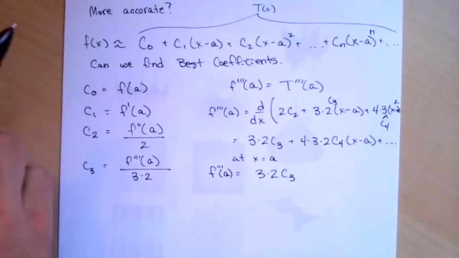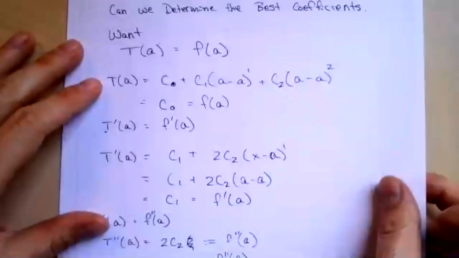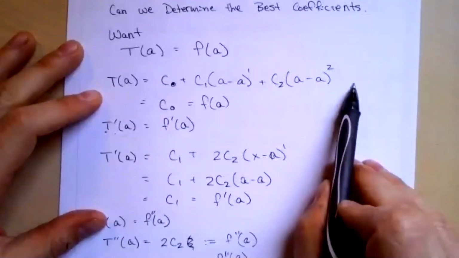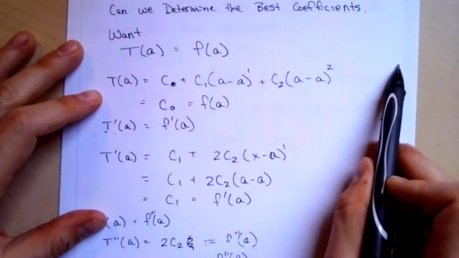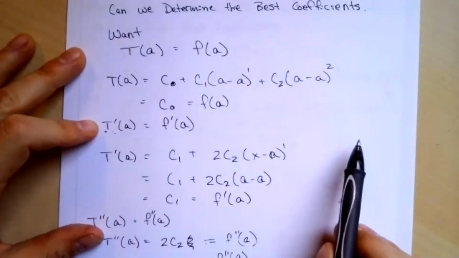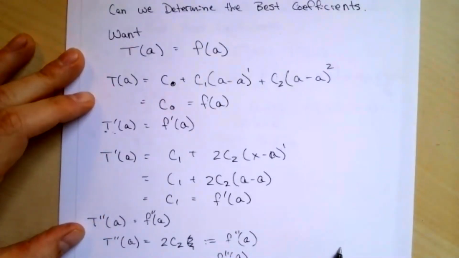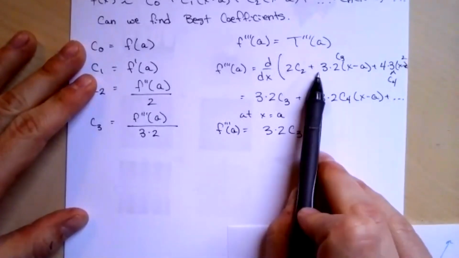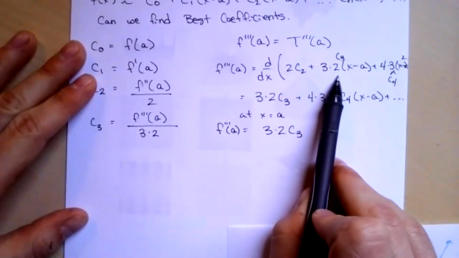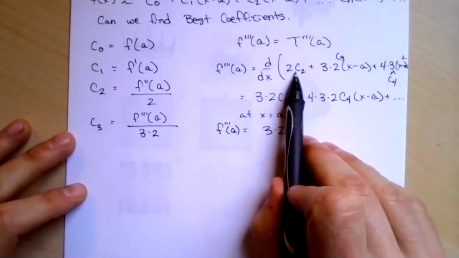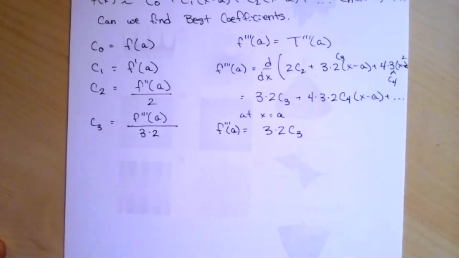We are essentially expanding upon this process we did in the previous example, except you can now imagine that if I have a plus c3 times x minus a cubed, we now have to work with this term as we take 1, 2, and then 3 derivatives to see what's happening with these coefficients. Of course the coefficients are going to stay there every time we take derivatives, except for when they are the constant term.